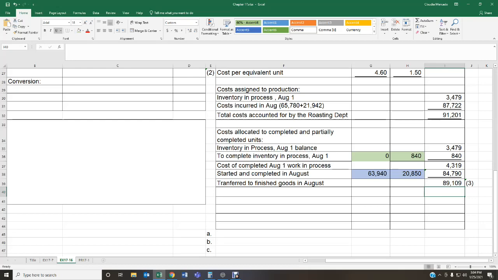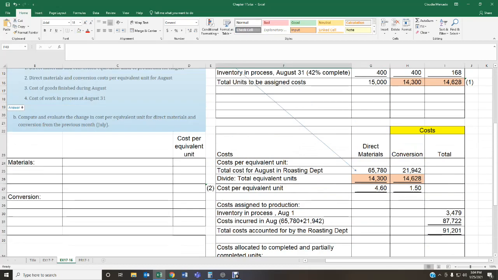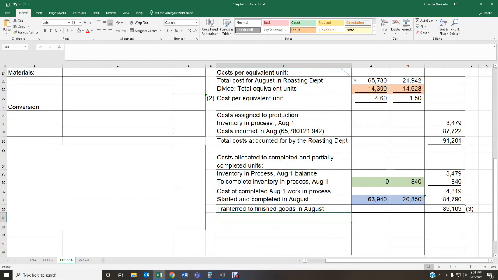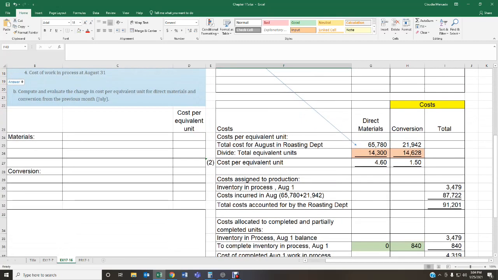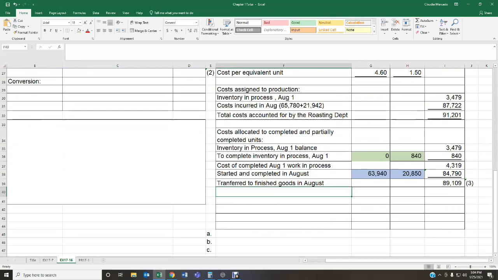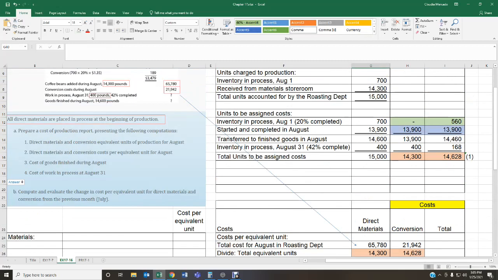Okay, and then we have to figure out the cost of work in process at August the 31st. So we have to figure out how much we have pending to complete. Okay, so we've got the inventory in process August the 31st. Now for that we have another column down here. So inventory in process, we've got 400 units, and let me pick another color.